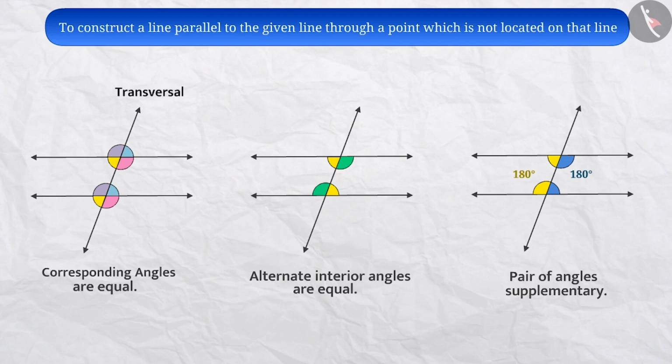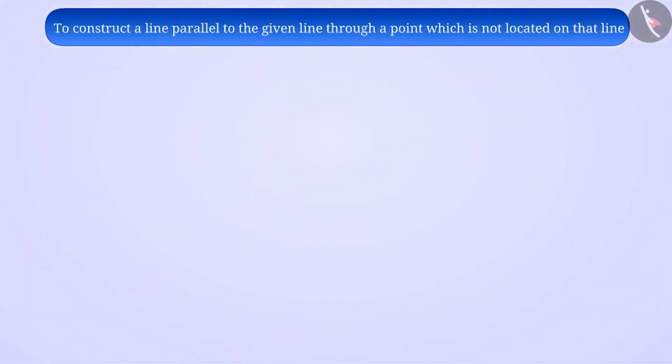With this understanding, today we will learn how to construct a line parallel to a given line through a point not on the line. Let us begin with an activity. First, take a sheet of paper. Make a fold.